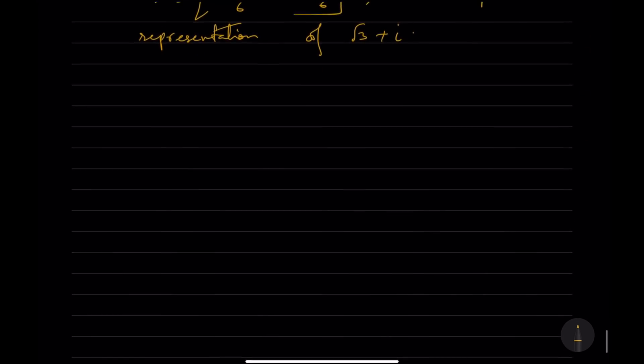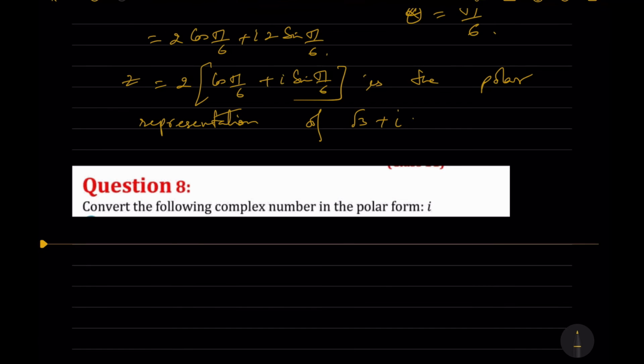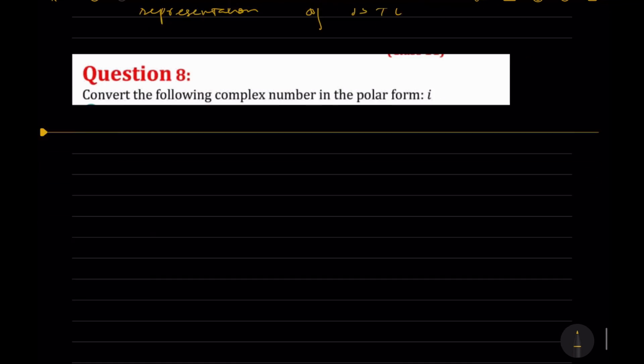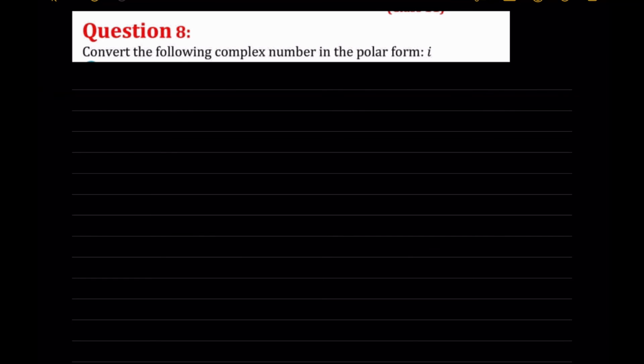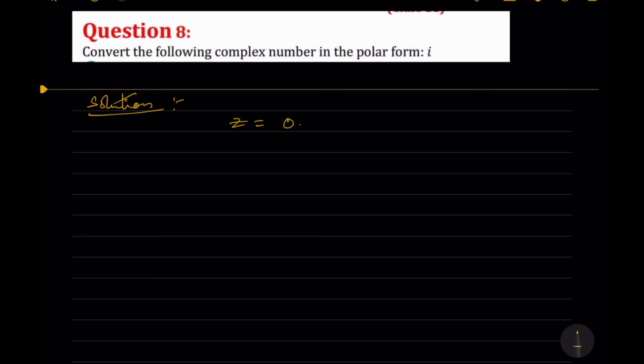Now going to the next one, how do we represent this in polar form, they are asking. So the solution for this is, first we'll write down what z is given as. It can be written as 0 plus i, because only the imaginary number is given.